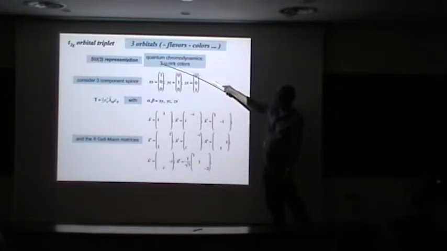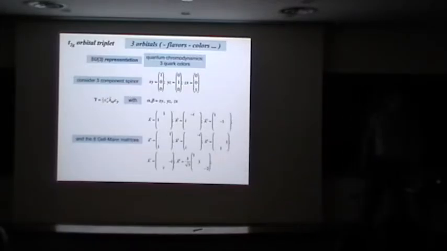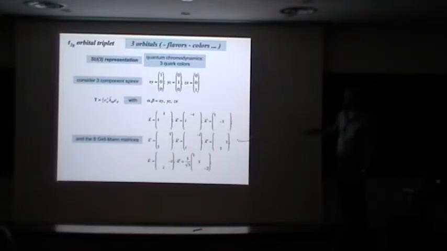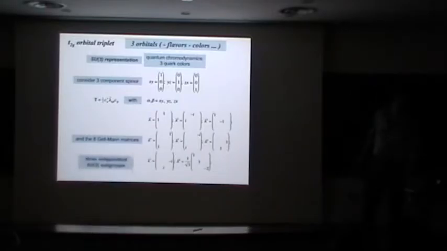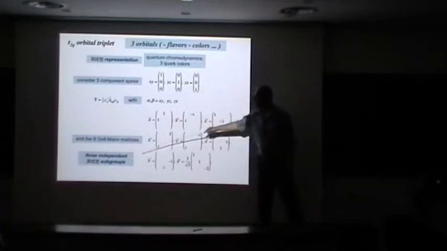And actually, if you're dealing with T2G systems, this would be the natural choice to write your operators and also to write your Hamiltonian in that manner. And you see that, of course, now 3 by 3 matrices, so my space is much bigger, but still I can look at this as 3 independent SU2 subgroups.